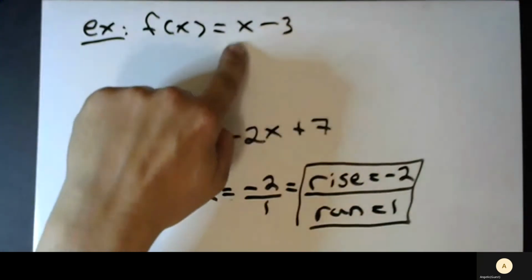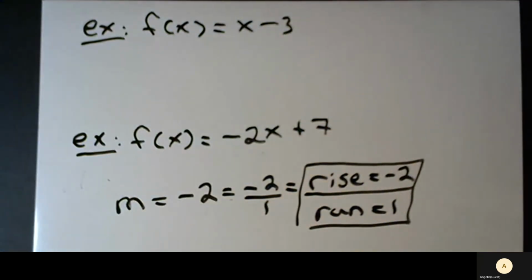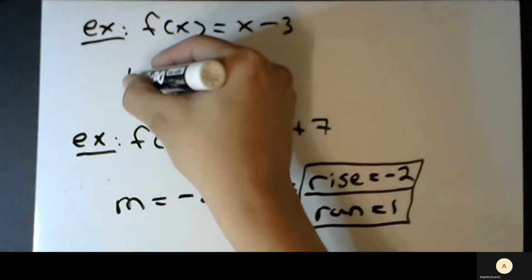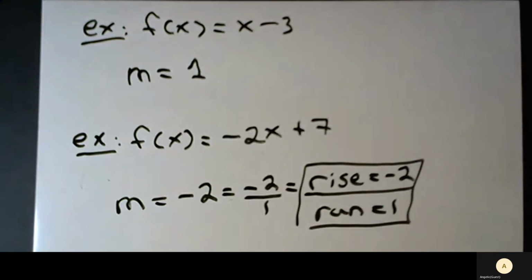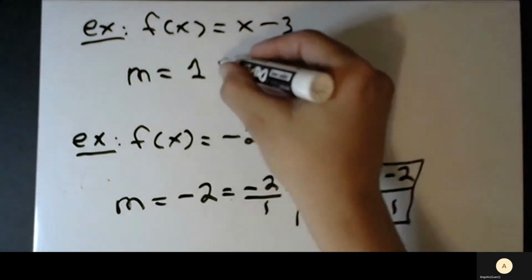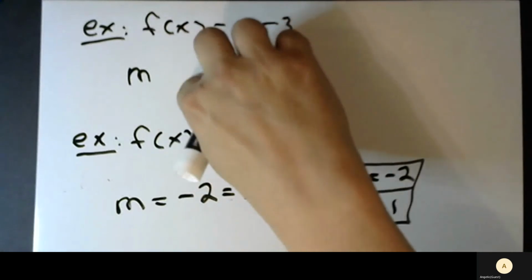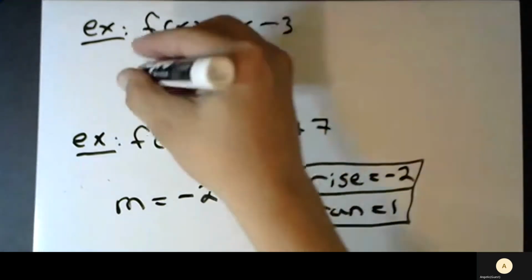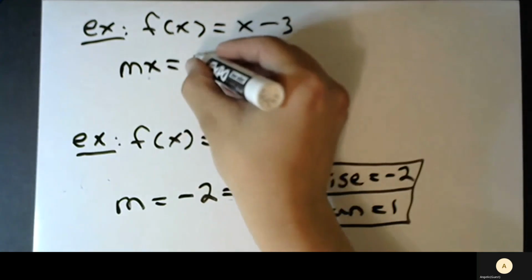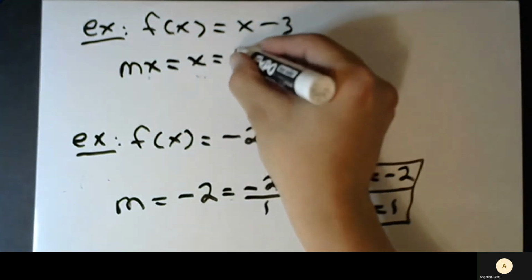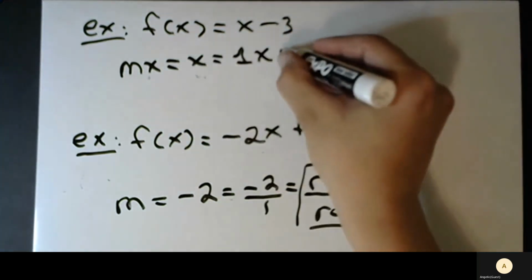Now for this one, again, there's an invisible 1 in front of the x. So that means the number in front of the x, the m, is equal to 1. And again, I'm just going to state this from the previous example: remember mx, which was x, and we called that 1x.